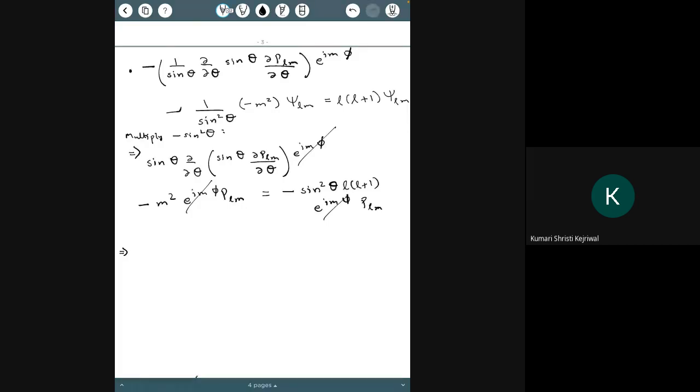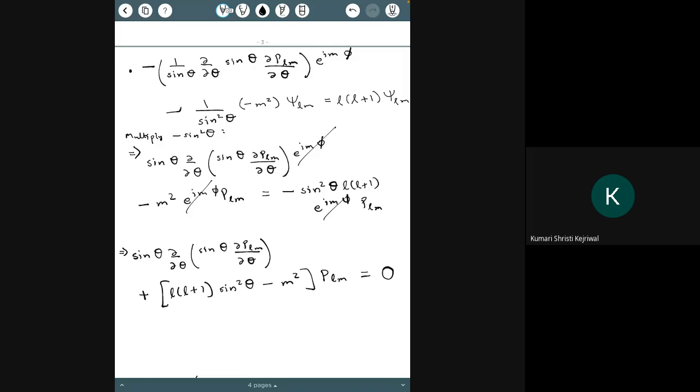So now I can bring everything to the left side to get my final equation. Sine theta del theta, sine theta del del theta, plus l(l+1) sine square theta minus m square, P_l^m equal to 0.